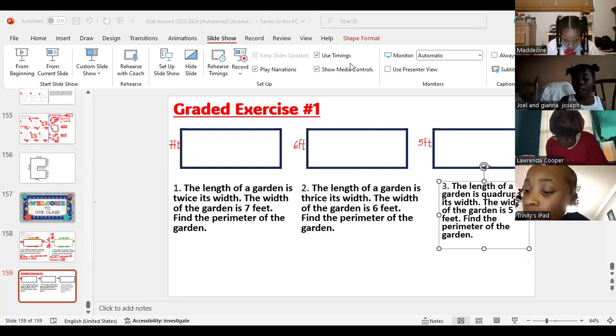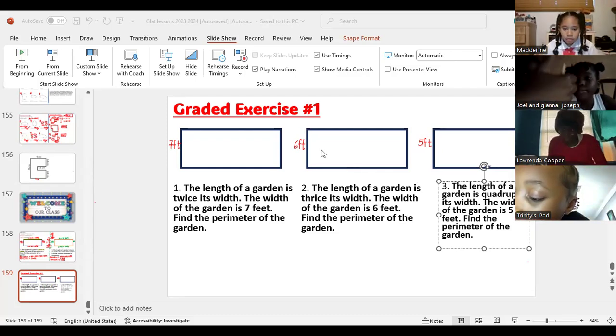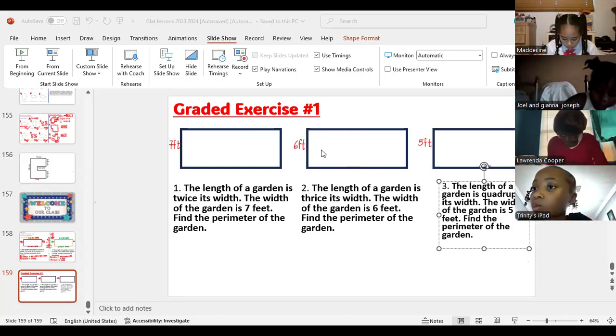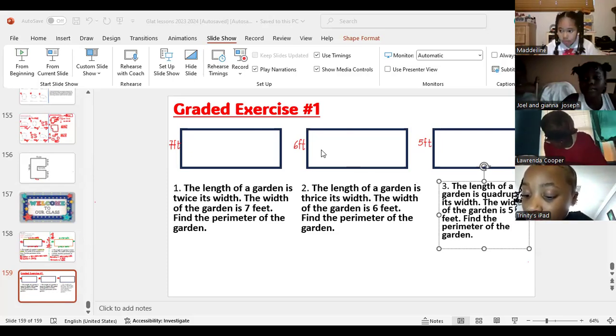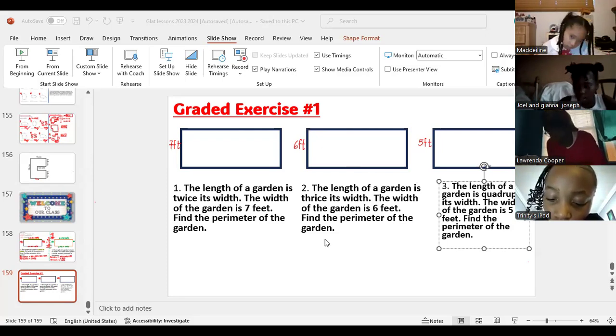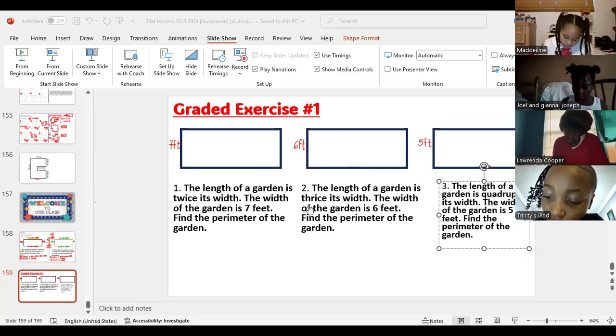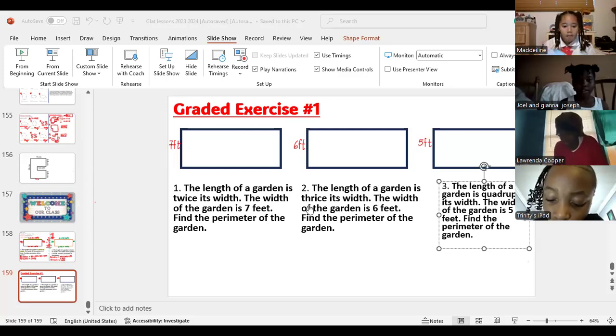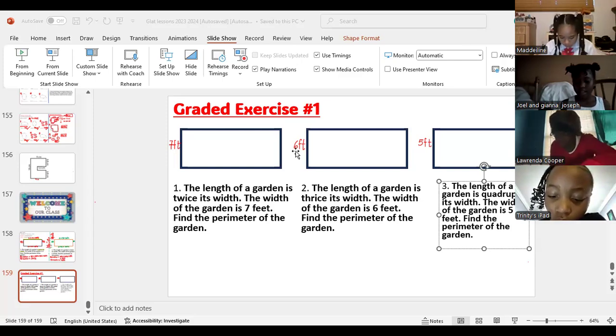Joel and Gianna, y'all finished with these? Joel and Gianna, are y'all done? Yes, sir. Okay, take a picture. Excuse me, Mr. Petit. Go ahead. I can't open the photo. Yeah, I'm going to put it on the screen right now. So for the second one, we have different shapes that we have defined the perimeter for.